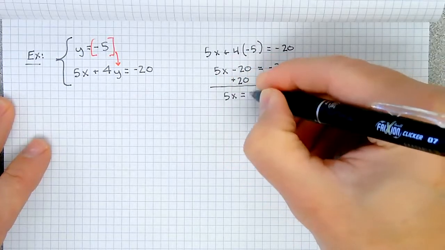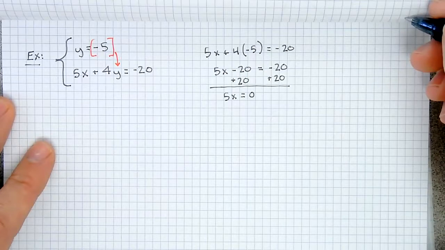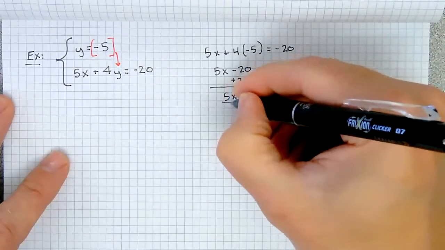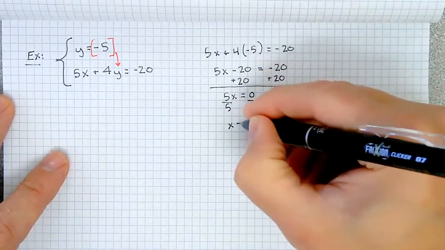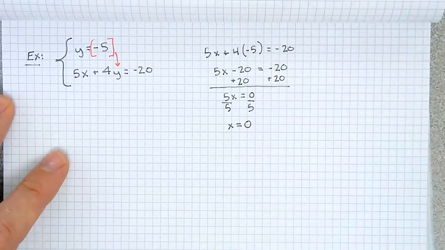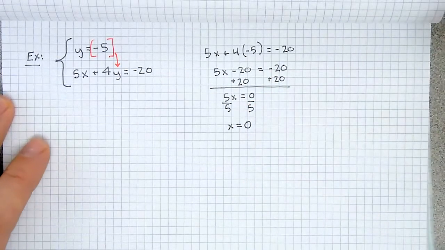5x is equal to 0. Divide both sides by 5. 0 divided by 5 is still 0.